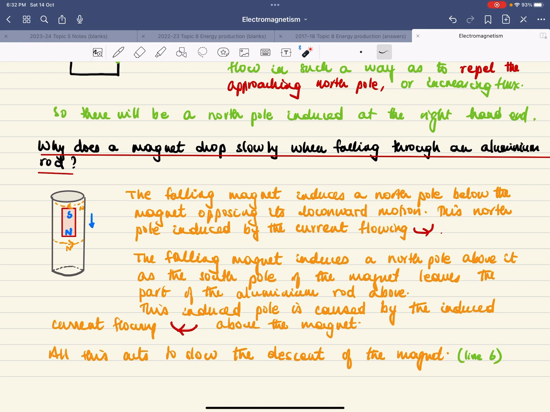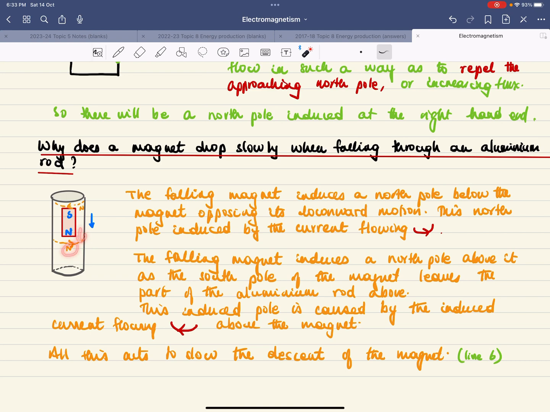It will accelerate down. However, if you have a magnet that is falling through an aluminium rod, this falling magnet will induce a north pole below, because the aluminium rod kind of acts like a solenoid, and it's going to induce a current such that the direction of the current will try to stop the magnet from falling down.